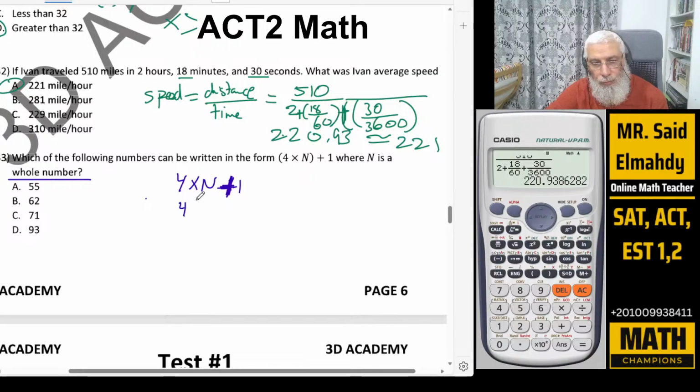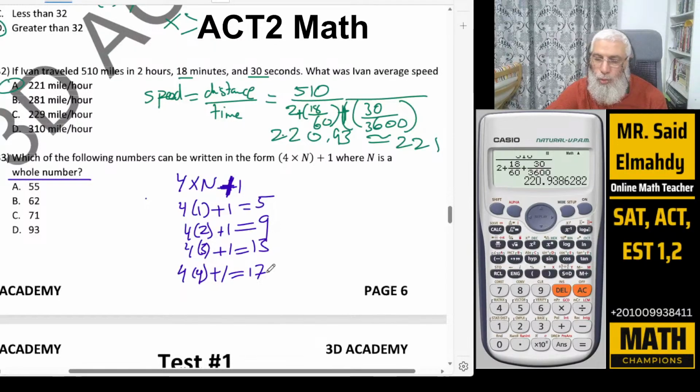So this should be 4 times 1 plus 1, 4 times 2 plus 1, 4 times 3 plus 1, 4 times 4 plus 1, and so on. So this is 17, this is 13, this is 9, this is 5. So all these numbers are a multiple of 4 plus 1.